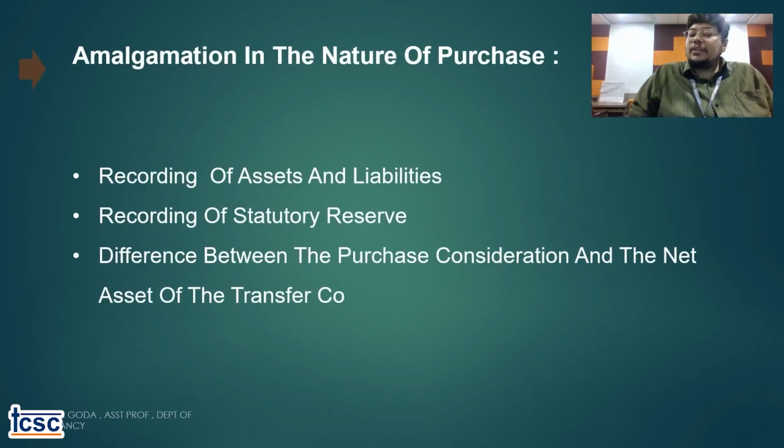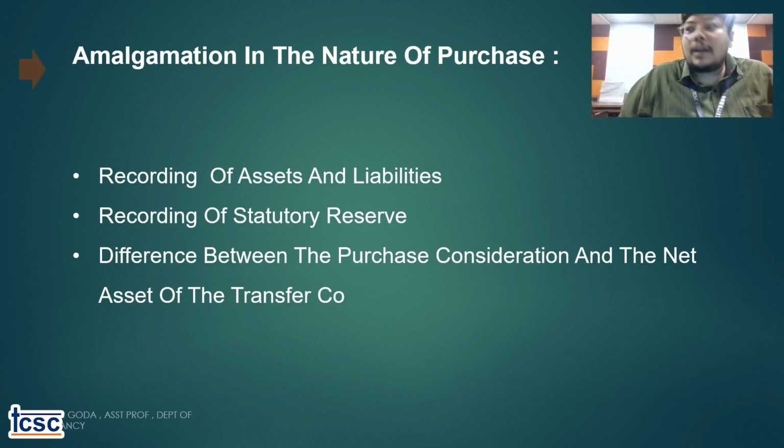Amalgamation in the nature of purchase. The first point is recording of assets and liabilities. In merger, the recording of assets and liabilities takes place at book value. But here, the recording of assets and liabilities will be done at fair value, at an agreed value. So, a company will find out the real valuation of the assets and liabilities and will take into consideration that particular value.